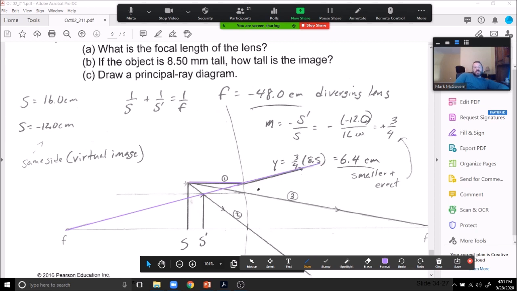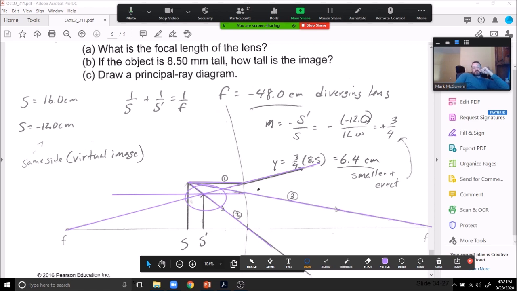And then we want the one that goes right through the center of the lens, so that's going to go straight down like that. Uh-oh, we've got divergent stuff going on here. And the other one's going to run through the focal length here, but when it hits the lens we're tracing back like this. So you see where the intersection is? The intersection is right there.